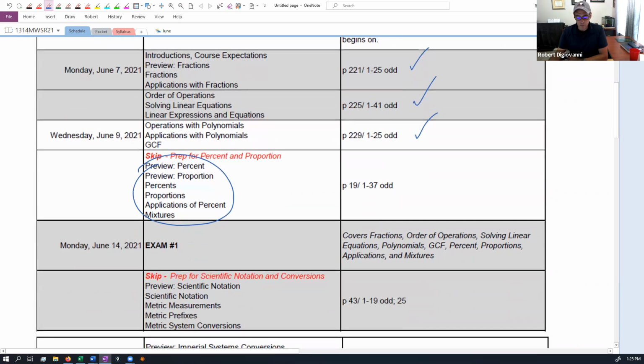That first exam will cover everything with the exclusion of percent, proportions, application, and mixtures. Immediately after class, I will be sending you a review for this first exam, and later this weekend, I will send you the solutions to that review. Your goal is to be able to do that review without any issues. If you can do the review, then you should be able to come in on Monday and take the test, okay?